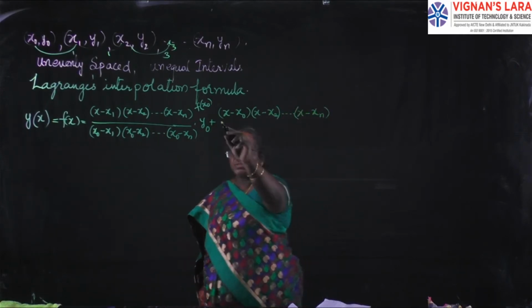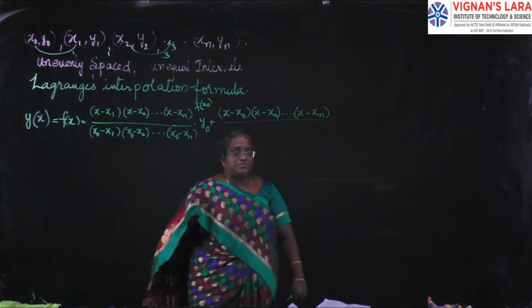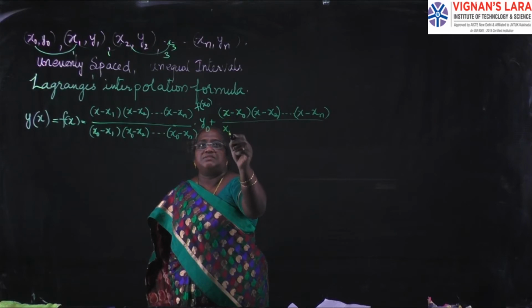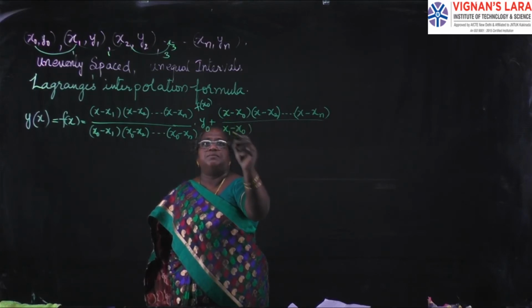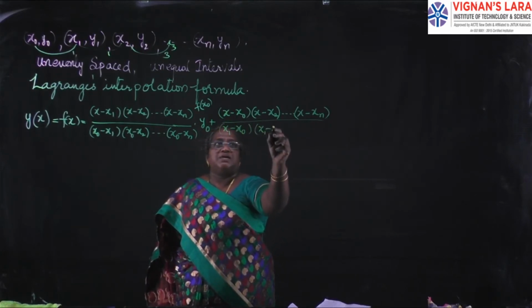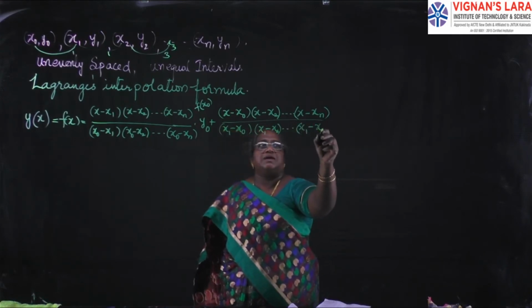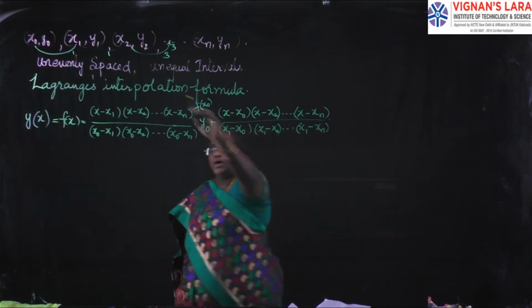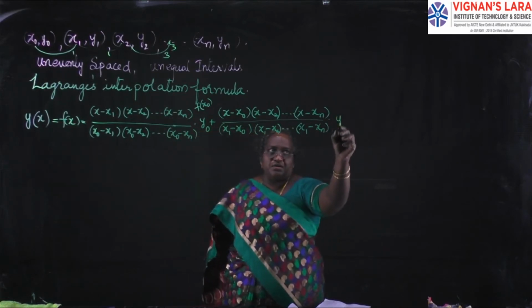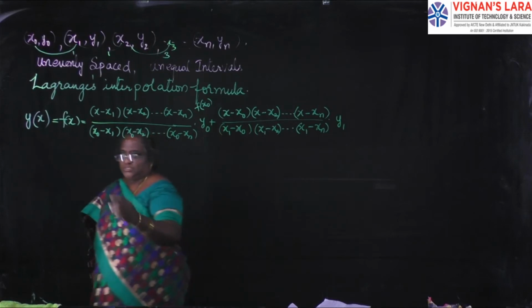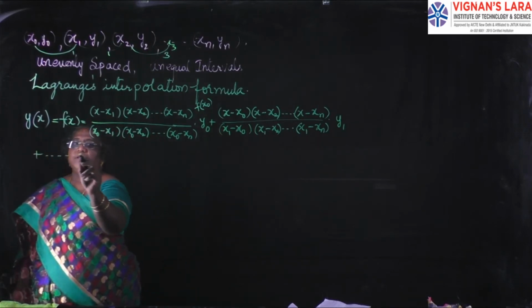This time x1 is missing in the numerator, so it appears in the denominator: (x1 minus x0)(x1 minus x2) and so on up to (x1 minus xn), multiplied with y1 or f of x1. Like that it goes on, plus, let us see the last term.